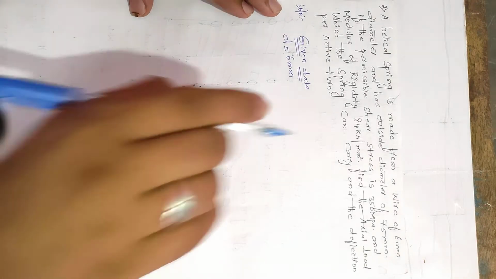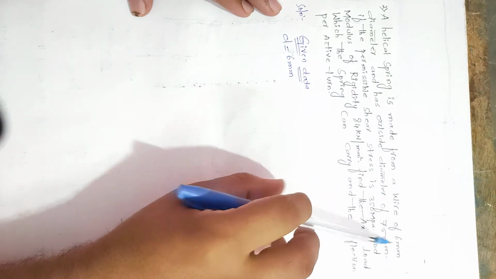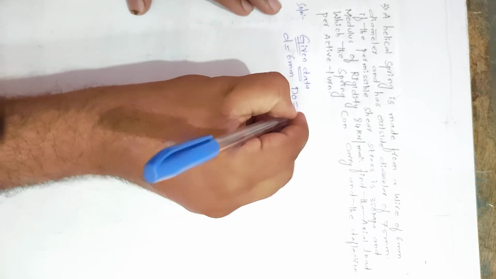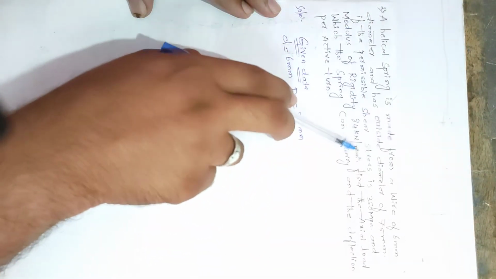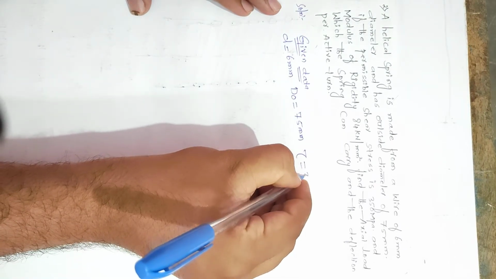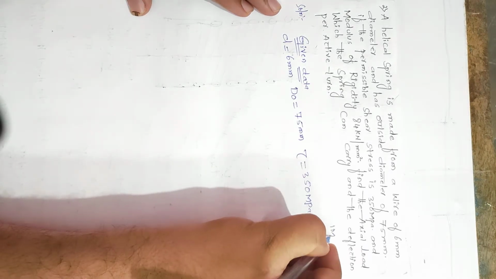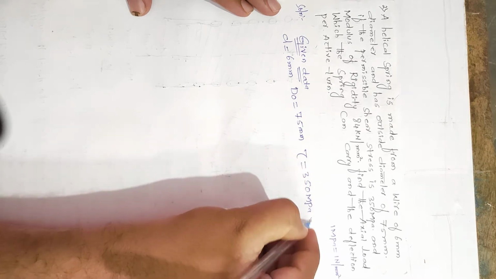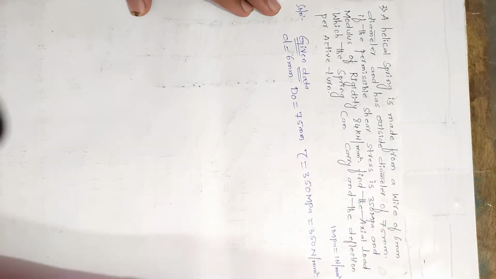It has an outside diameter of 75, represented by Do, which is 75. The permissible shear stress is given as 350 megapascal. We know very well 1 megapascal is equal to 1 Newton per square mm, so we can represent it as 350 Newton per square mm.